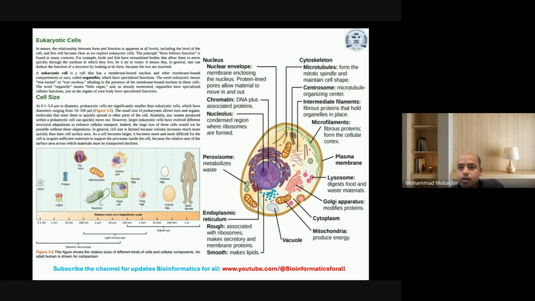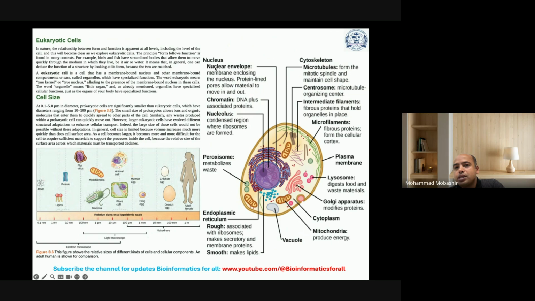If you want to go deep inside studying each organelle, you will be embedded. But at class 9, 10 level or 11, 12th level, you need to know the basic level. So here, let's start from the nucleus.